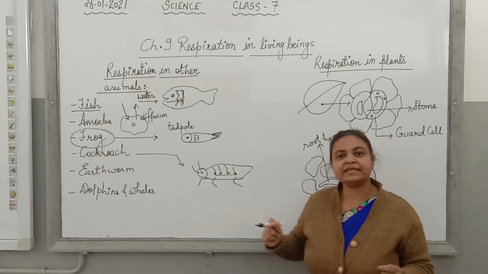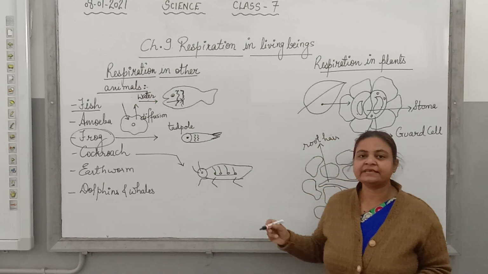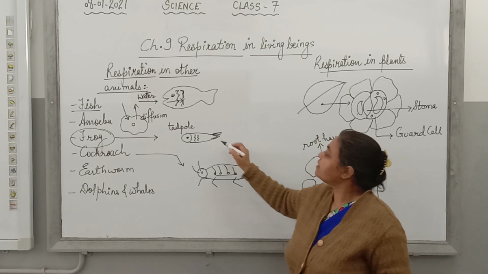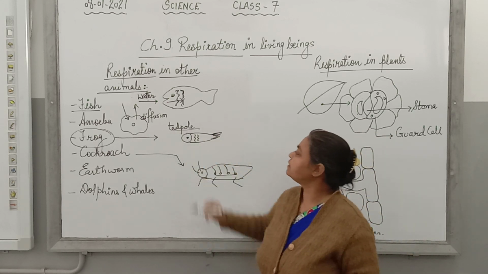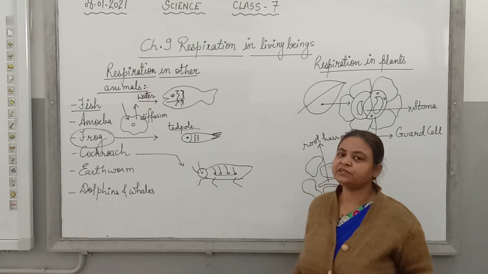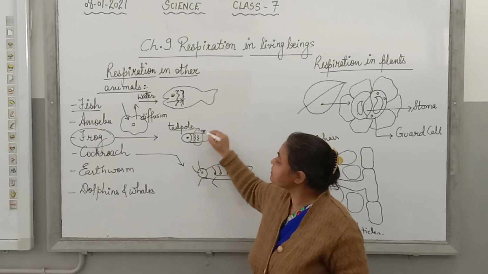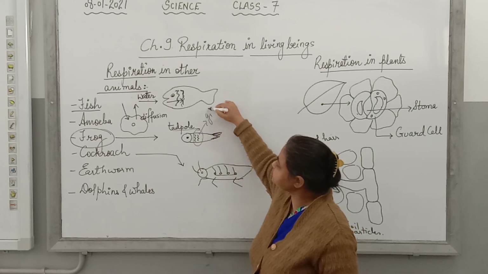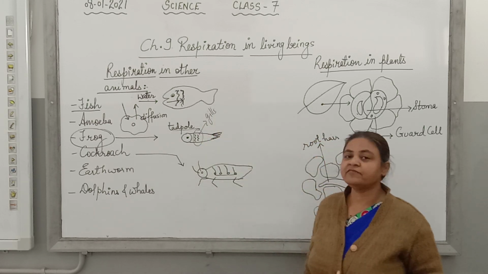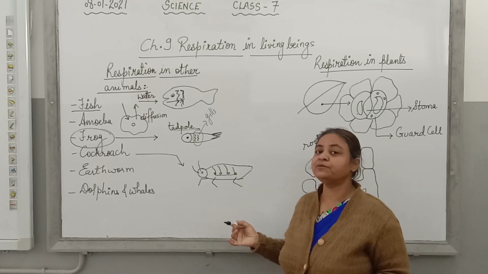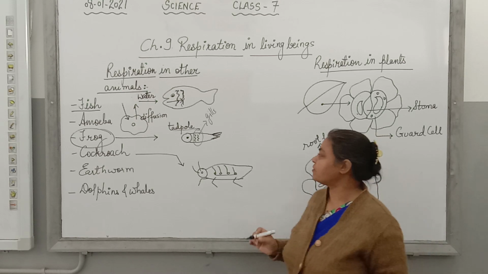When frogs lay eggs, the female frog lays eggs in water only. And the eggs hatch out and tadpoles come out. They resemble fish. They look like fish. And their organ of breathing is also gills. Because they have to live inside the water only that time till they transform into young frogs.